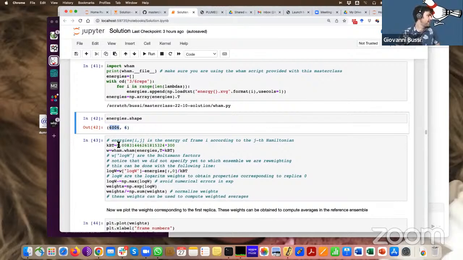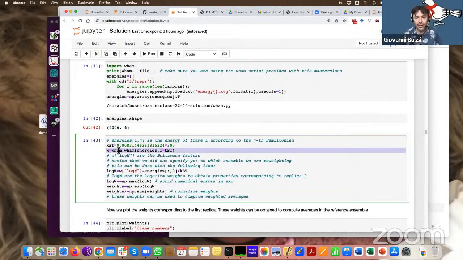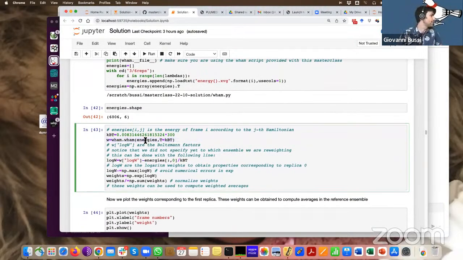I just feed this to the WHAM script. To have this working, you should use this WHAM script that has some improvements with respect to the one provided in some other tutorials and works well even if you have very big energy differences between different Hamiltonians. It has some numerical tricks to subtract the maximum and add it back at the end. So it allows you to basically pass the energies directly to the script.